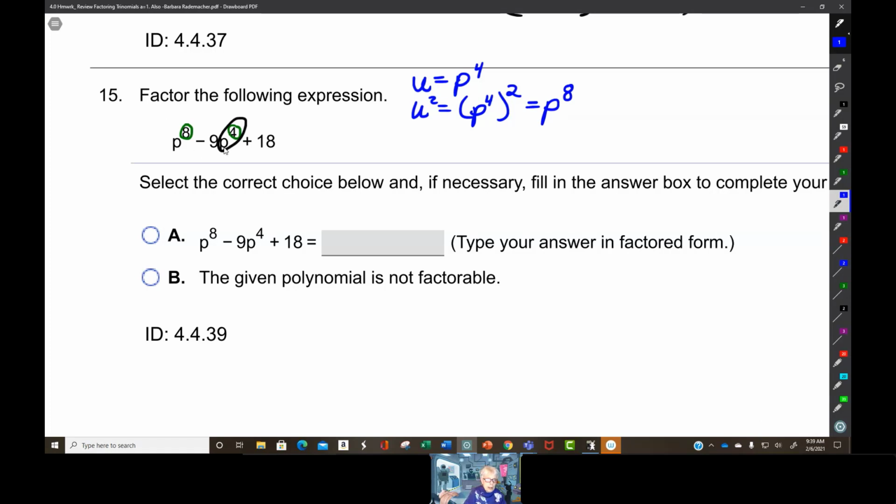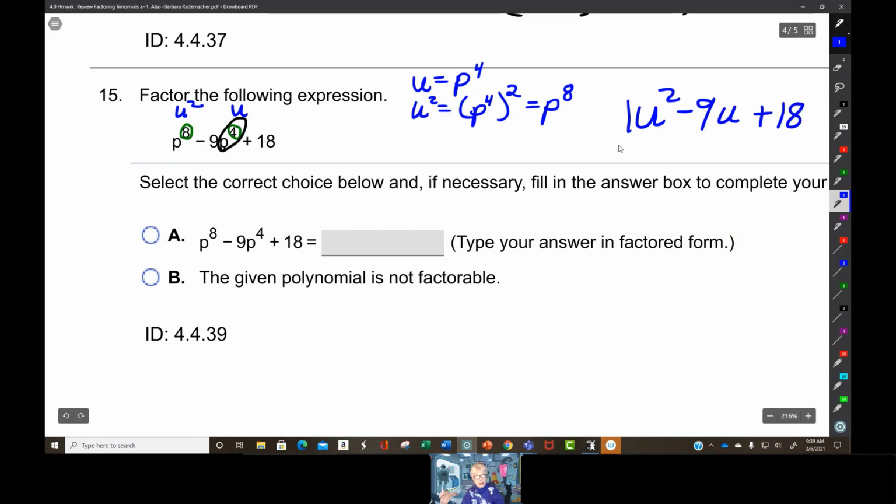So now I know that p to the fourth can be u, and p to the 8th can be u squared. And so what I'm going to have is u squared minus 9u plus 18.